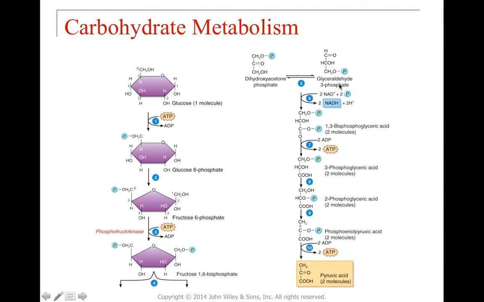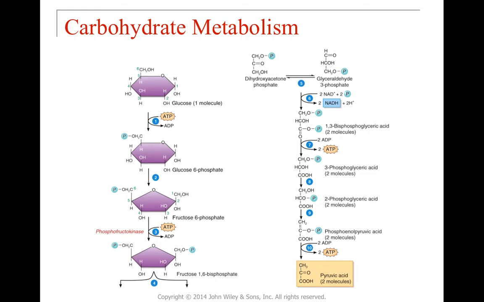And now we're going to start getting our money back out of this investment. So now we're going to end up gaining 2 NADH and 2 hydrogen ions, so 2 things that are going to go into the electron transport chain to bank us money later on. And then we end up getting 1,3-bisphosphoglyceric acid molecules. We get 2 of those.